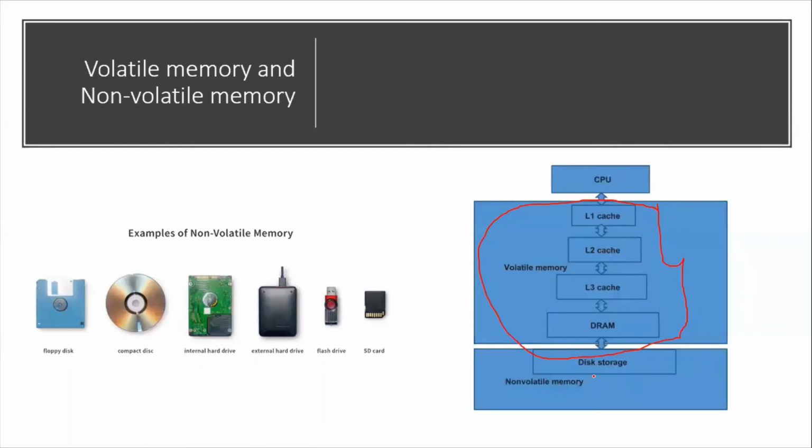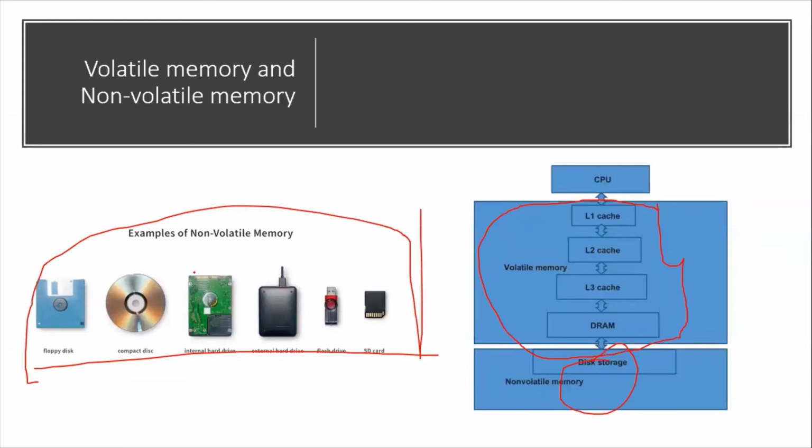The other way around, non-volatile memory: these are the disk storage, your C drive, D drive. There is another set of non-volatile memories. These would never lose the stored data. It won't lose the stored data due to any electronic interconnection. Clear? So that's volatile and non-volatile memory.